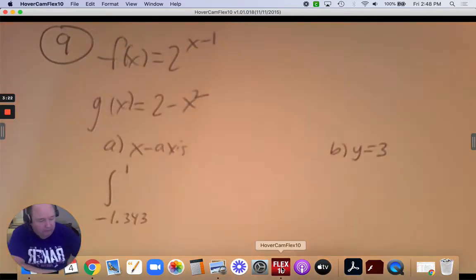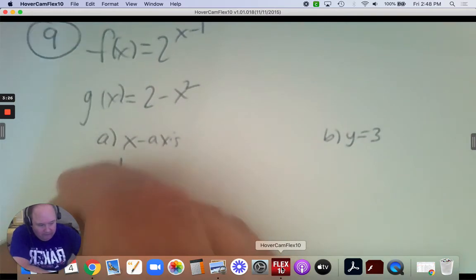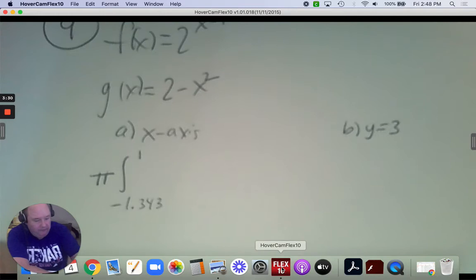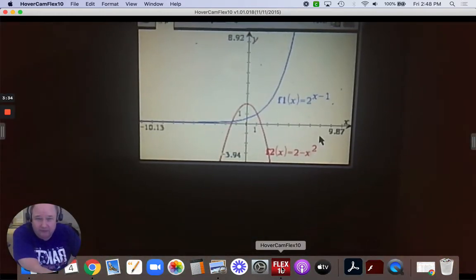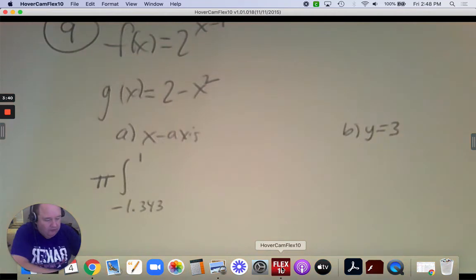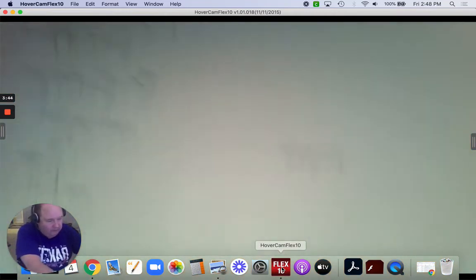Because the parabola is on top, when I do the revolving, it's pi r squared. And you can tell when it's revolving around the x-axis that there's going to be a space. So I'm going to do a little sketch of this.